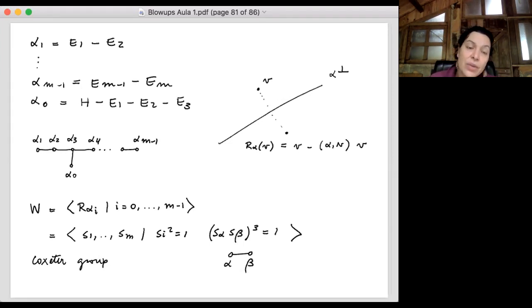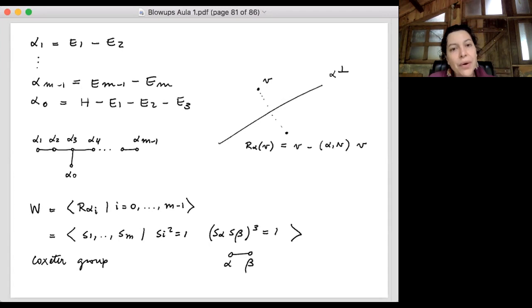It is what we call a Coxeter group, which can be abstractly described as follows. This is a group that is generated by m elements. So this is a presentation for this group. It is generated by s1 up to sm. Each one of the si is an involution, so si squared is the identity.